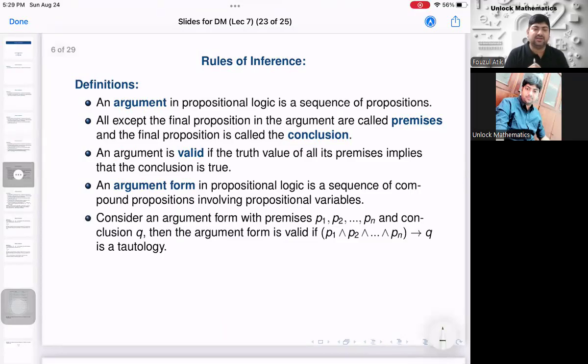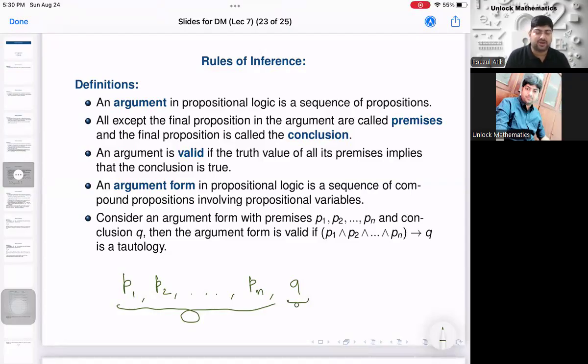Suppose I have some sequence of propositions, P1, P2, and Pn. These are some propositions, and Q. This kind of thing you call an argument or argument form if each of them is a compound proposition involving some variables. Now all of them except the last one you call premises, and this one you call a conclusion.